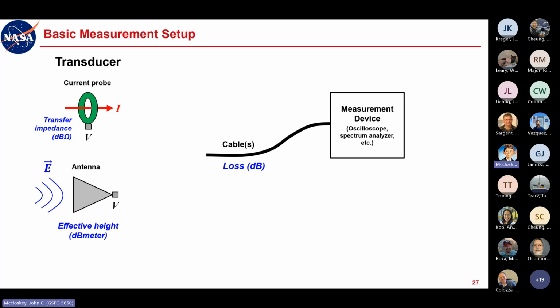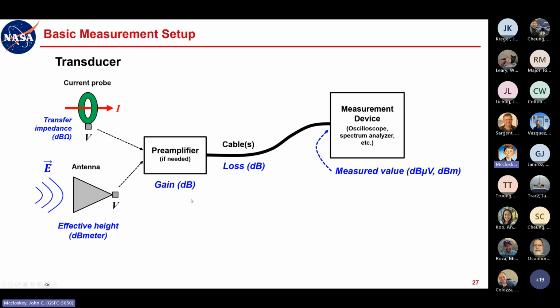But in general, you need to pay attention to this. And then you may have a preamplifier if needed, if you're measuring very low level signals. And so there'll be some gain associated with that preamplifier. And that will give you this measured value at your measurement device, whether it's in dB microvolts, dBm, or whatever other unit you prefer.